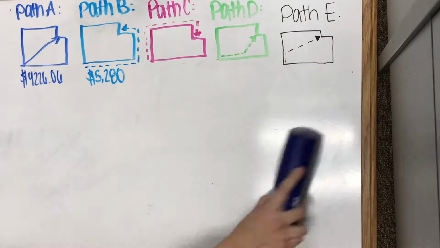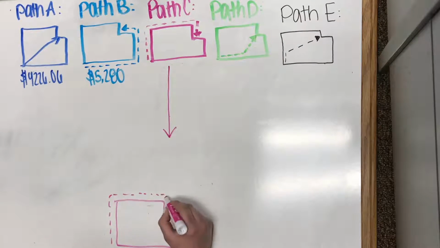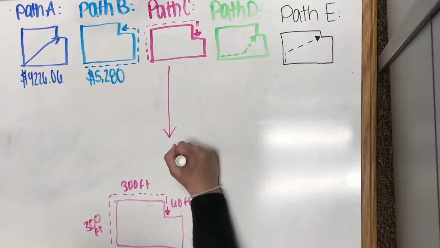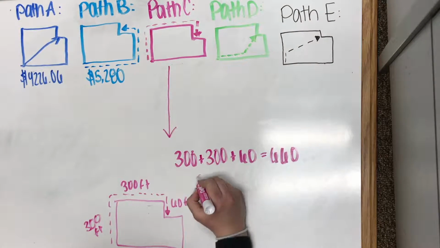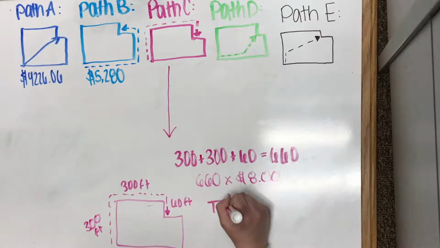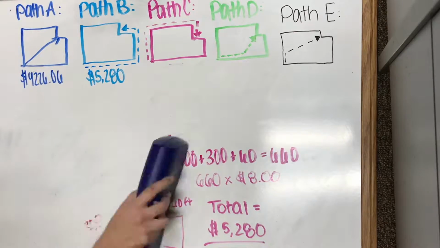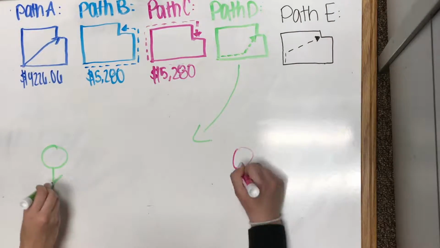For path C, it is pretty easy, just like path B. We add up all the sides, 300 plus 300 plus 60, and it gives us a total of 660, multiplied times 8 because it is on the outside, and we get again a total of 5,280.